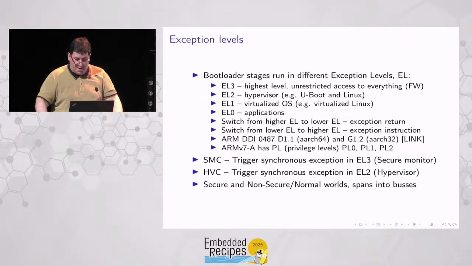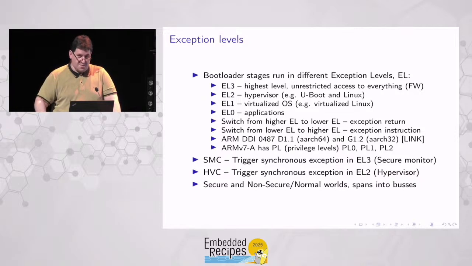On ARMv8 CPU cores, ARMv8-A and newer, there are 4 exception levels, EL3 all the way to EL0. EL3 is the highest privilege level. This is where the firmware runs, the secure monitor runs. And this is basically unrestricted access to everything on the hardware. It can write any registers, it can set up any sort of protection.